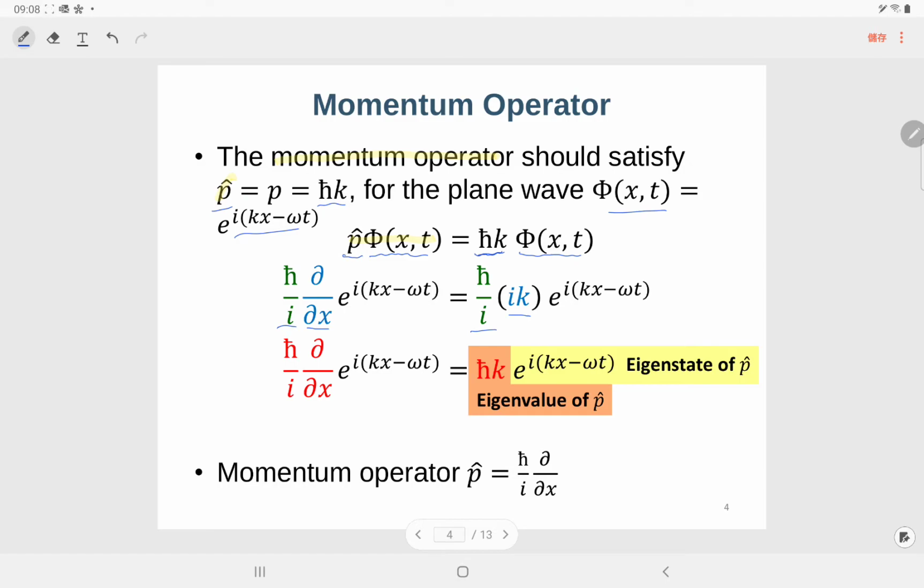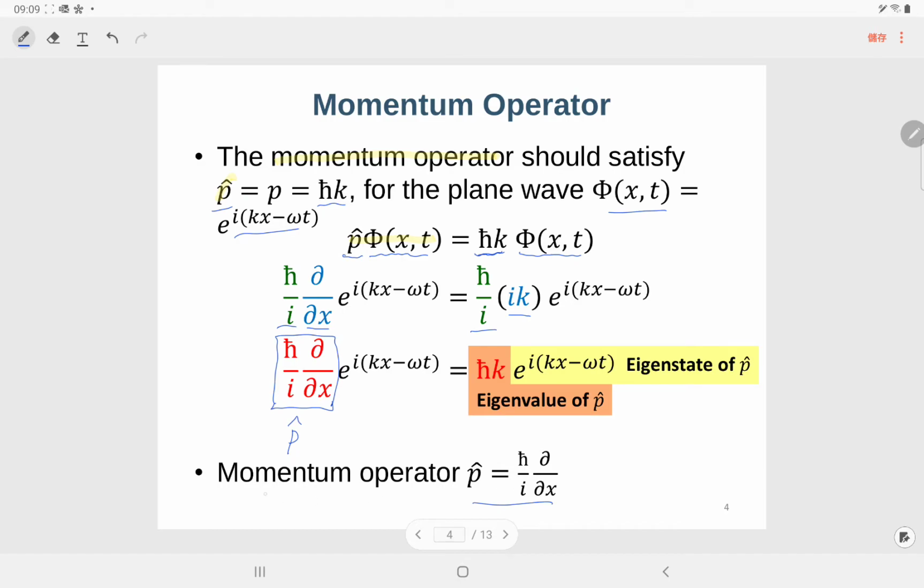So this is just an equation here, and then we will call this stuff the p hat. If we define the momentum operator to be the red term, this one, and then we apply it on the wave function, or the plane wave, then it will output h bar k, which is the momentum.